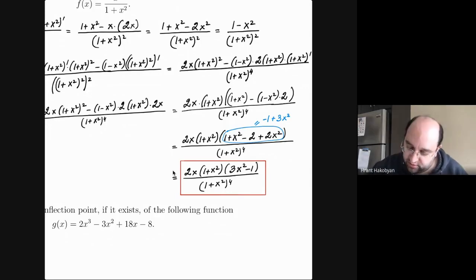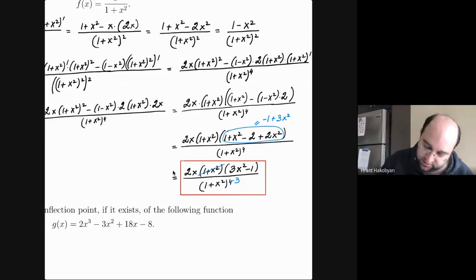Now note here, actually I can simplify it further because I can cancel some things. This part here is the same as 1 plus x squared here, so this cancels out. I cancel this with one of them, and I get a 3 here instead of 4.